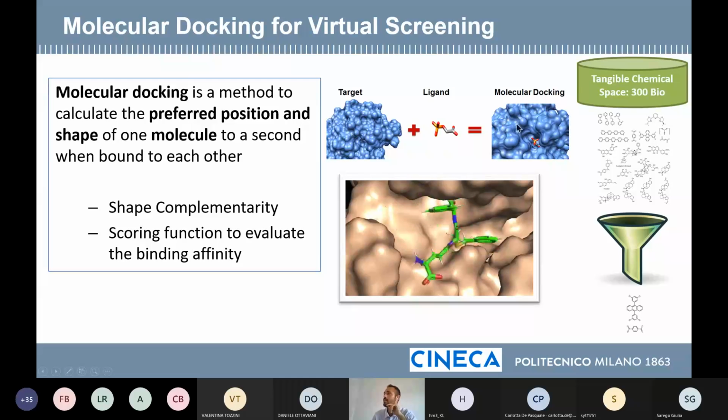The shape of the ligand must match somehow the shape of the pocket inside the target. And then there is also some scoring function related to the binding affinity. So how do they bind together?